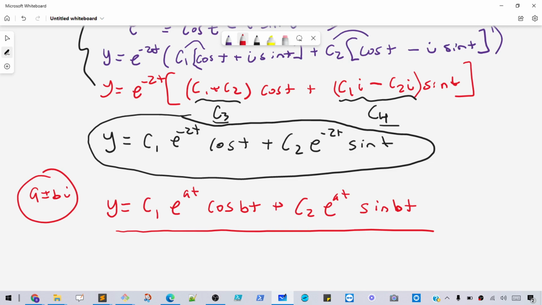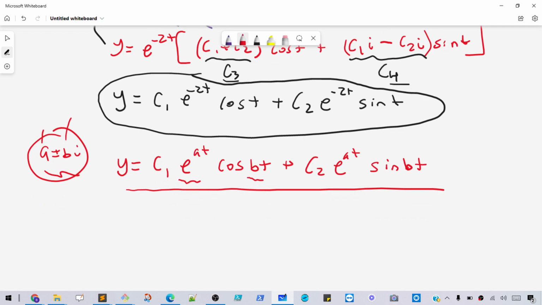Once you have your roots, unlike the real case, the roots are always conjugates, so they're always in this form. So you don't have to get two separate roots. You're just worried about the real part and the imaginary part. And the real part will be there and the imaginary part there. And keep in mind, occasionally you won't have a real part. You could have your root as just plus or minus bi.